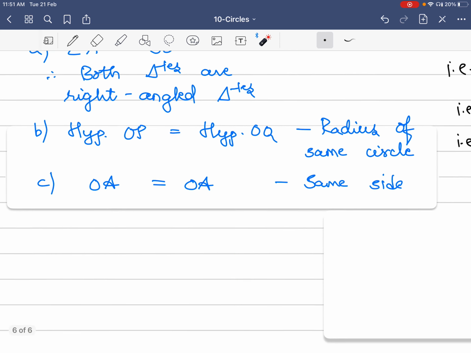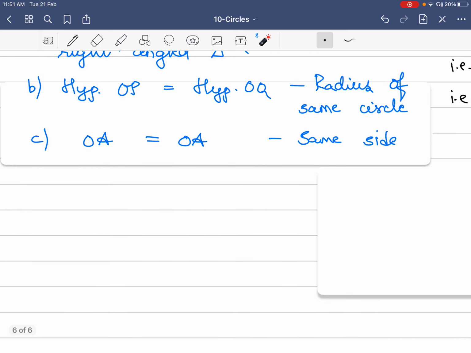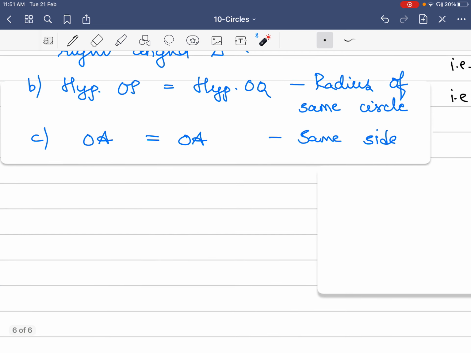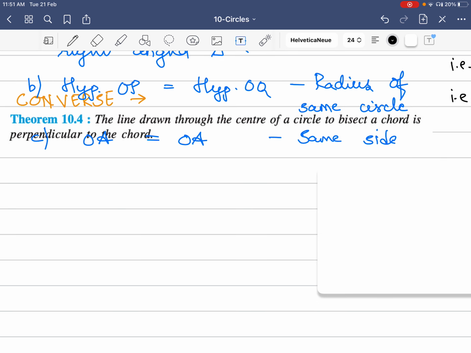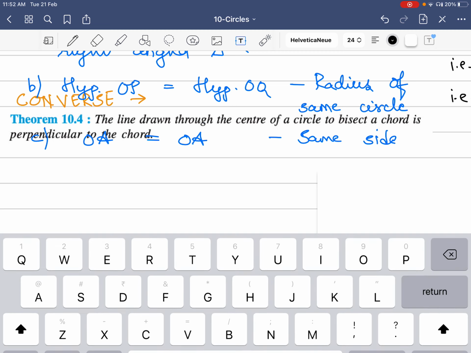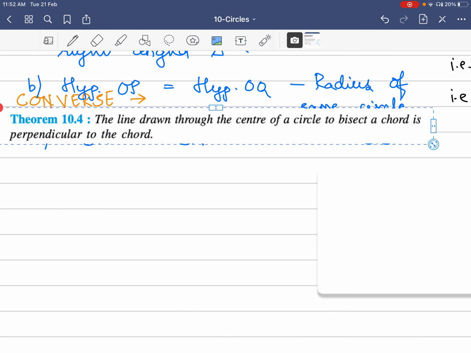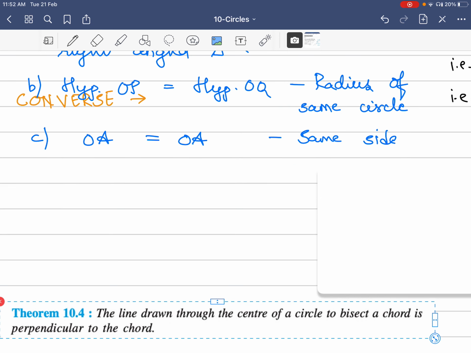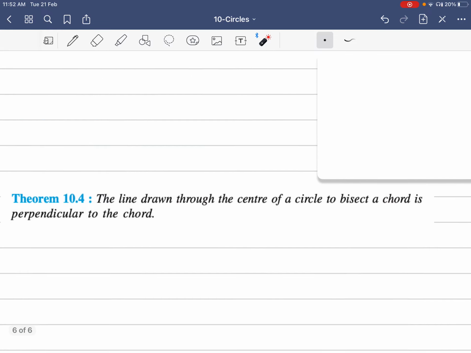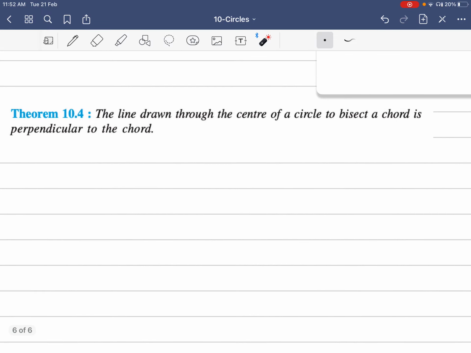Now we also have a converse of this theorem. So the converse of this theorem is here. Okay, let's read what the statement says.